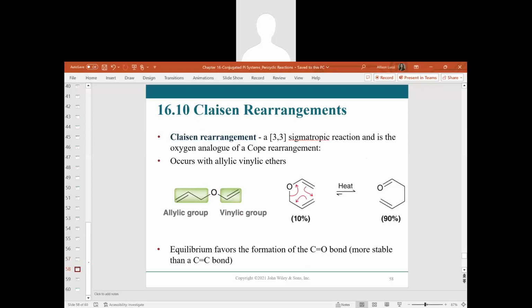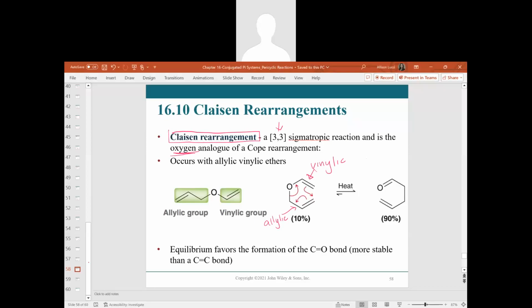Then we have this other specific case called the Claisen rearrangement. These are, again, specifically the 3,3 sigmatropic reactions that occur when oxygen is involved. So now we have an oxygen analog of our Cope rearrangement, and commonly we'll see a vinylic group up top here, and then down here our allylic group.